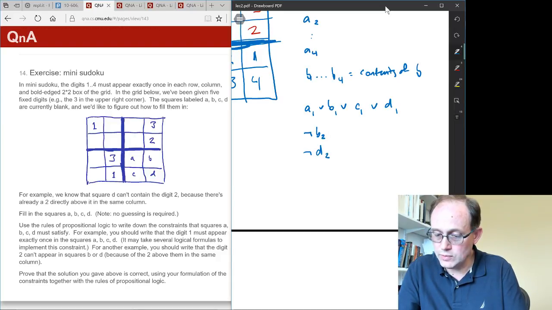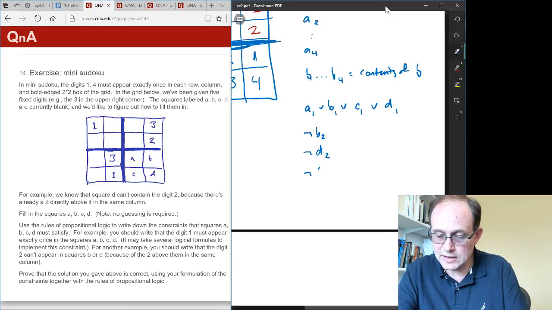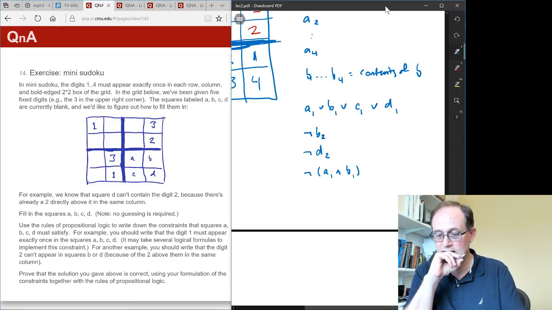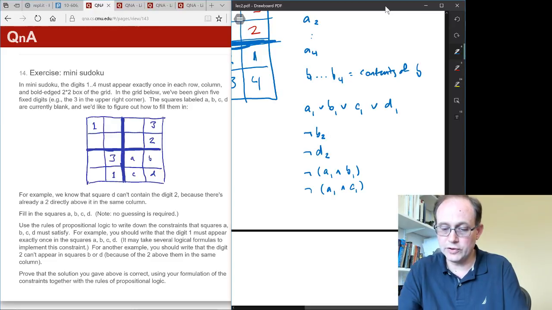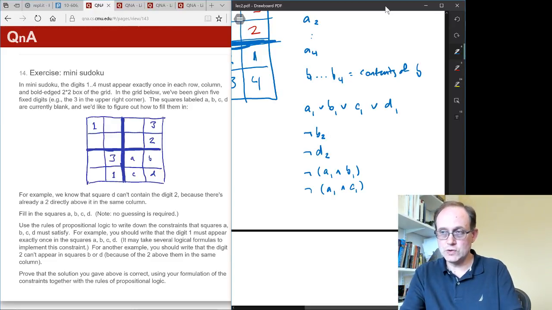we know that it is not the case that there is a 1 in cell A and a 1 in cell B, right? And we know that it is not the case that there is a 1 in cell A and a 1 in cell C, right? And so forth. 4 choose 2 is 6 different formulas, right?